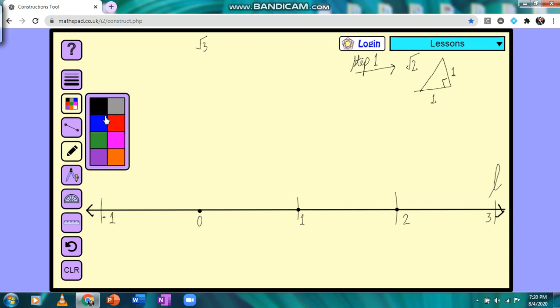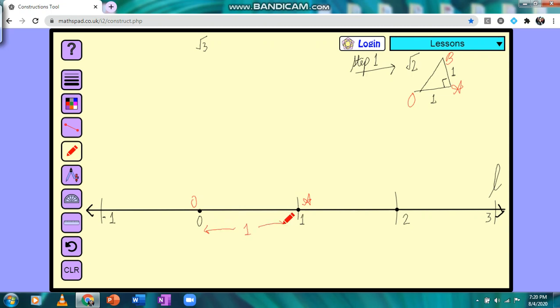I'm going to name the triangle that I want to construct as O, A, and B. So right now this is O, this point is A, and this acts as the base of the triangle that I want to construct. So base OA, 1 unit.